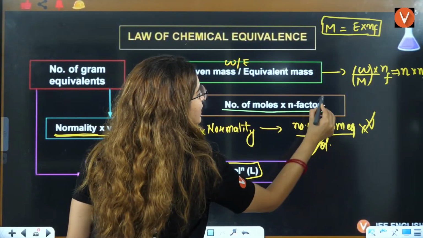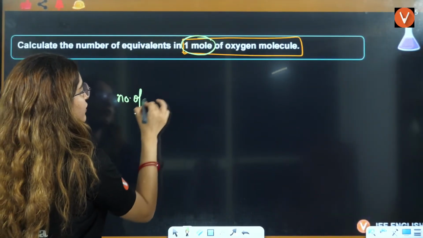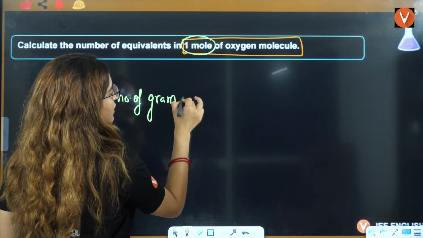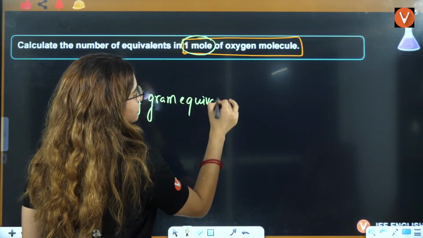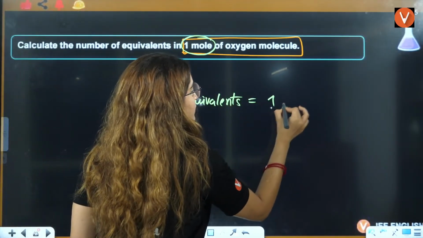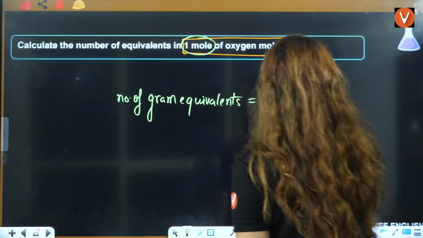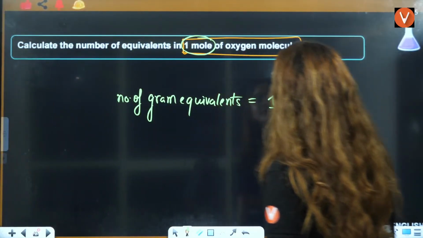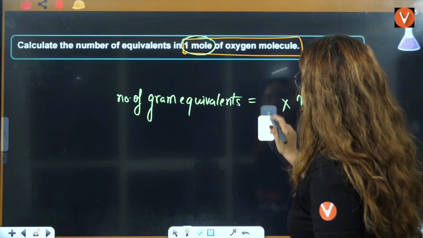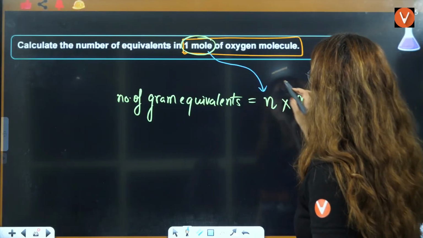Number of moles multiplied by n factor. So number of gram equivalents is equal to number of moles multiplied by n factor. Number of moles is given to be 1.